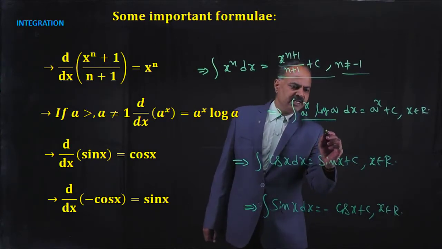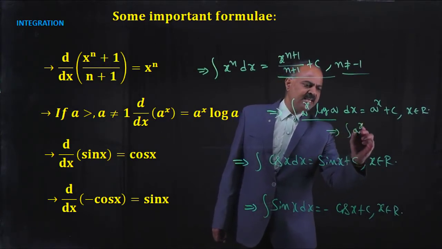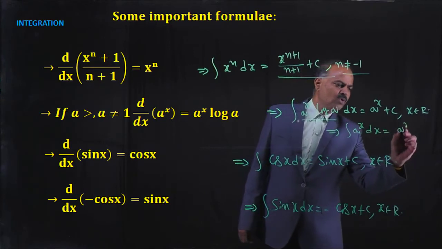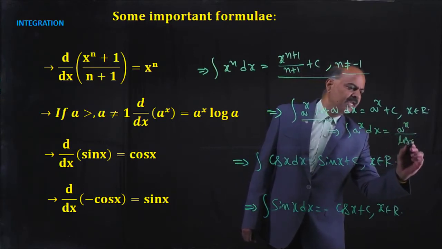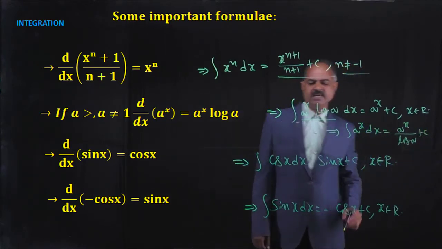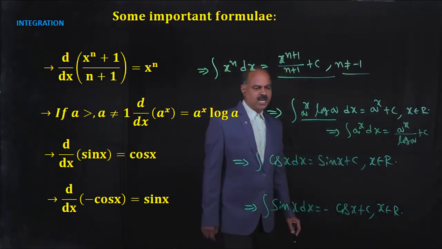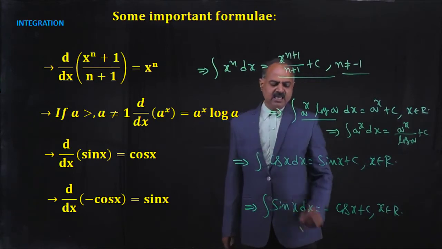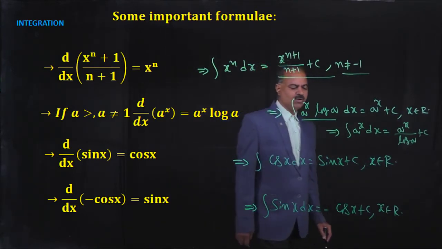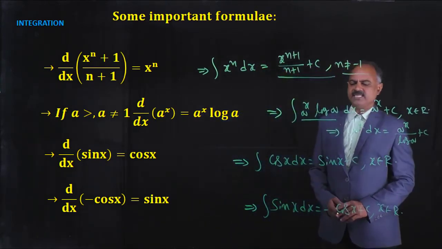So here integral a power x dx equals a power x by log a plus integration constant c. Integral cos x dx equals sin x plus c, x belongs to R. So integral sin x dx equals minus cos x plus c.